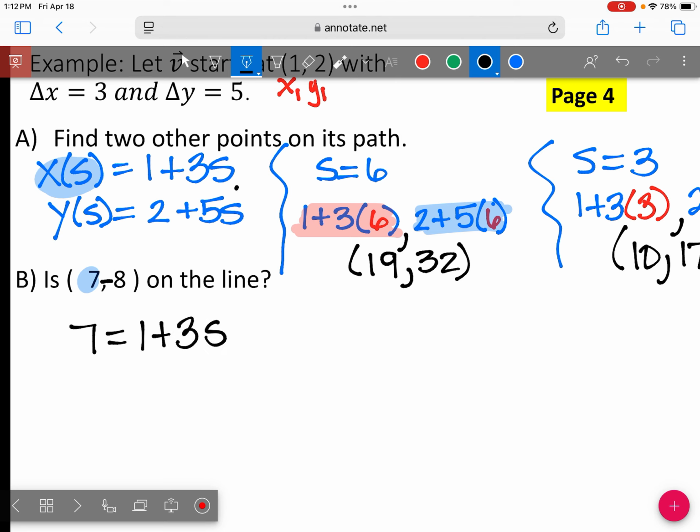Make sure your s doesn't look like a 5. And then the y value on that point is -8. I'm going to put that here. So -8 equals 2 plus 5s. I want you to solve both of those equations for s.